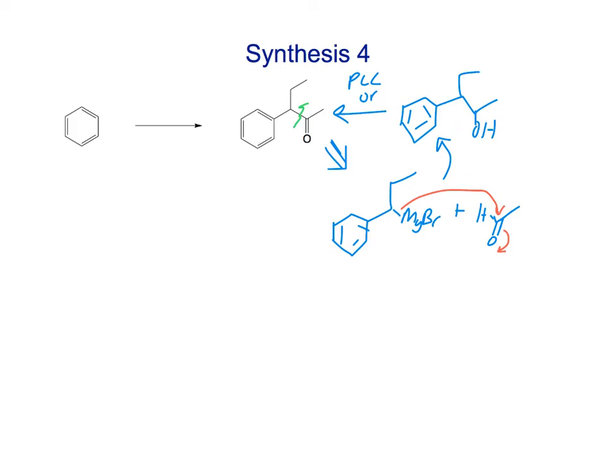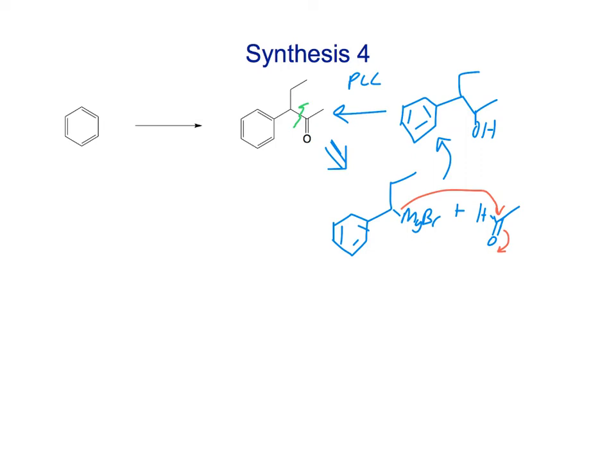In general, if you have choices, it's often better to use the more mild reagent if that will get by than to use something that's super harsh. PCC will oxidize a secondary alcohol to a ketone. All right, so we've got the last part of this.